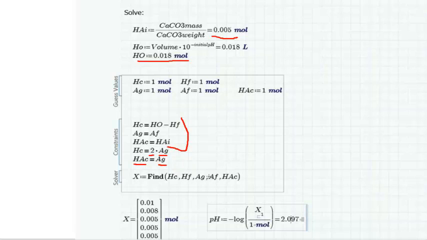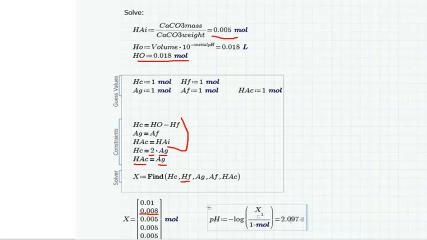So now we solve that, and we get this vector here. Now this number is the one we really want. That is the final moles of hydrogen. So we're going to plug that one into our pH equation. We don't have to worry about volume for this pH equation because our volume is equal to 1 liter.